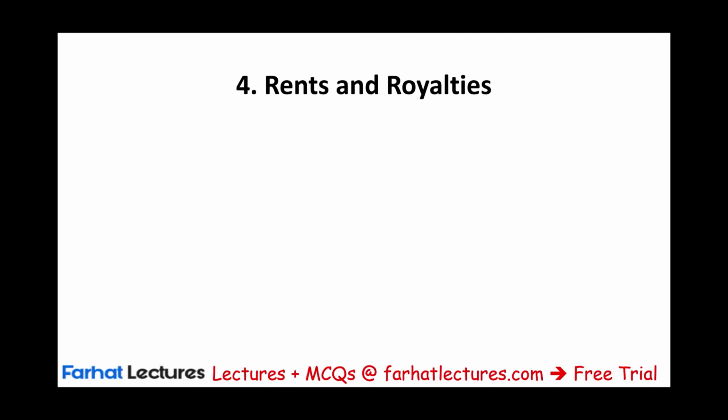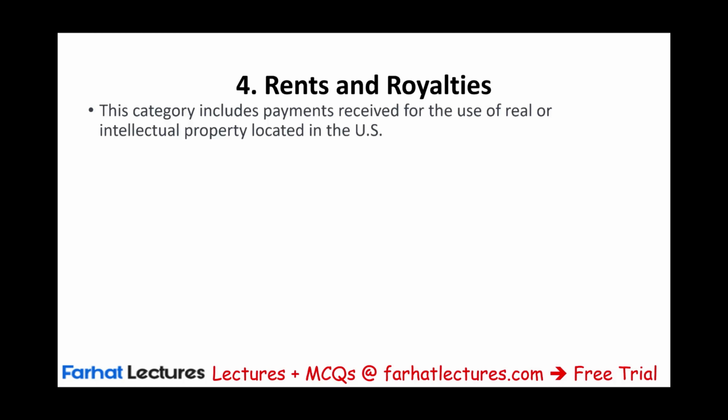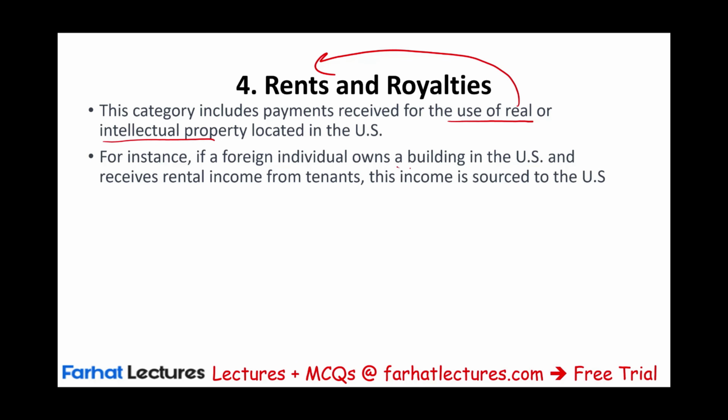Rents and royalties. These categories include payments received for the use of real property, rental, or intellectual property located in the US. For example, if a foreign individual owns a building in New York and receives rental income from the tenants, this income is sourced to the US.